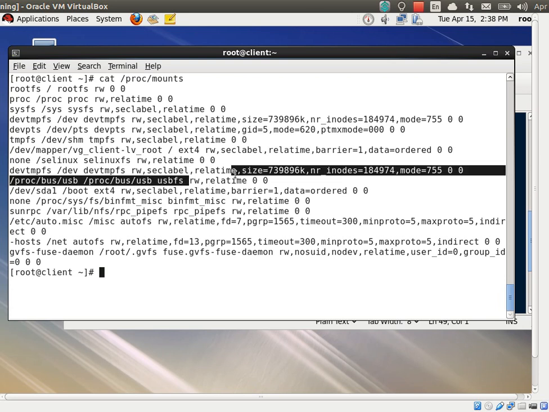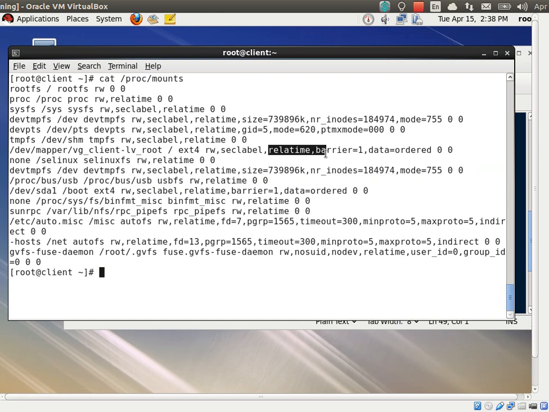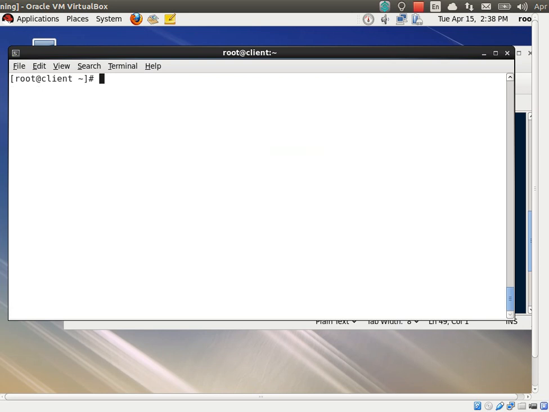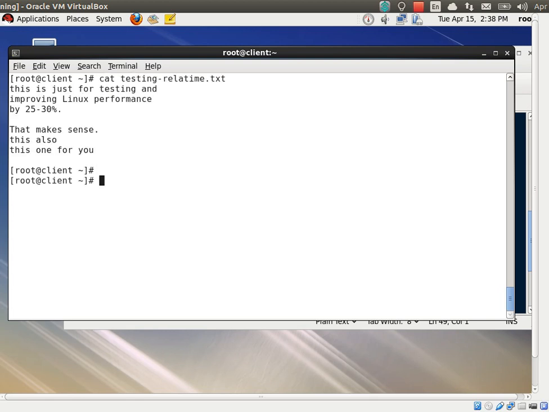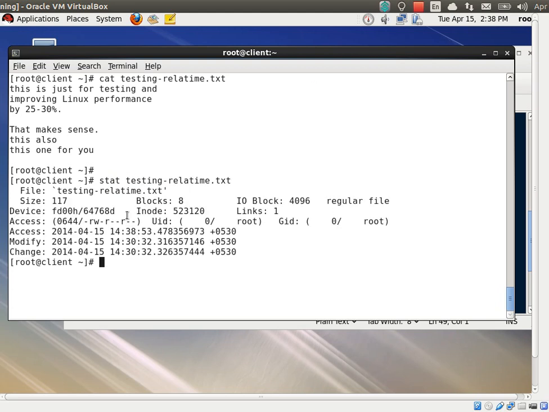So the first thing you should do is make sure you use the relatime mount option. I hope you understand the basic idea behind relatime: whenever you do a cat or read a file, if relatime is not there, then even when the file itself has not changed, the access time will be modified.